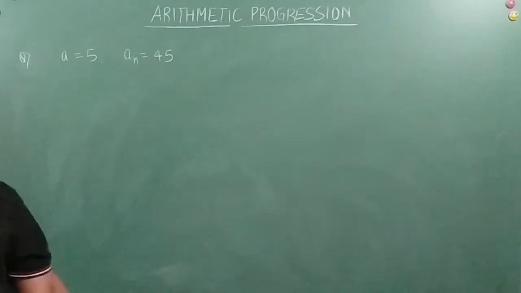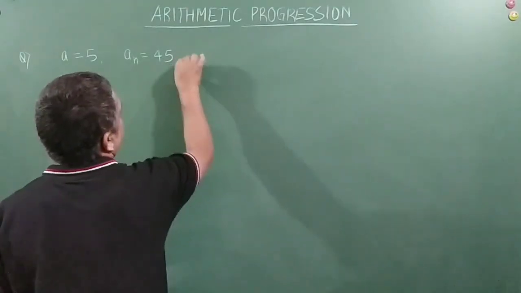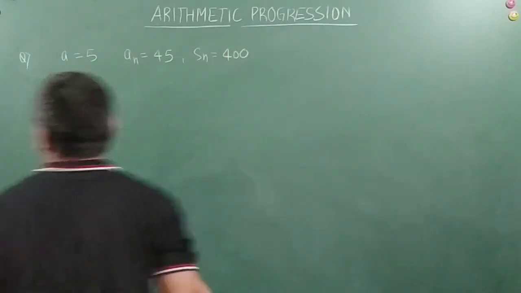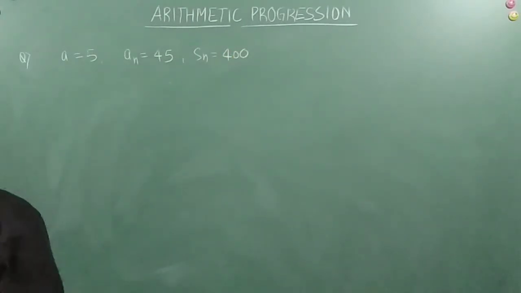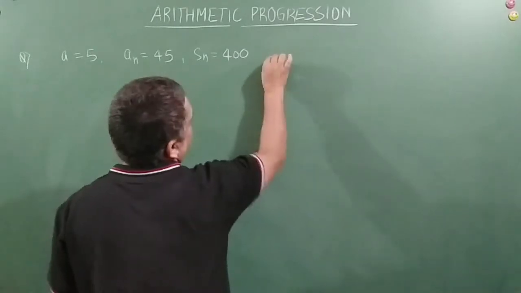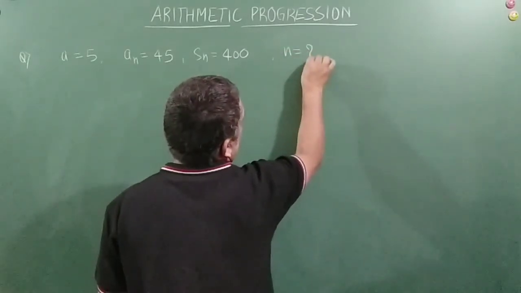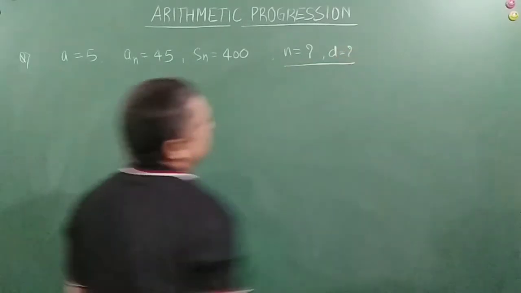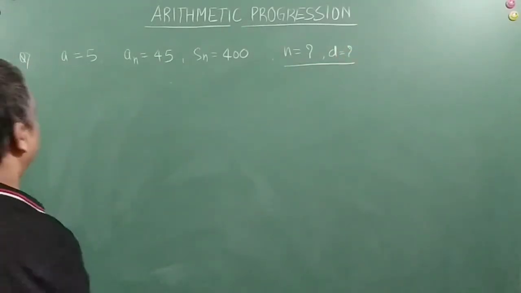Okay, and the sum is 400. SN is equal to 400. And then find the number of terms and common difference. That means N is equal to what and D is equal to what. So these two things are basically to be found out, right?